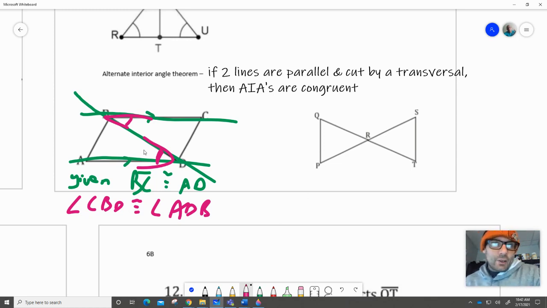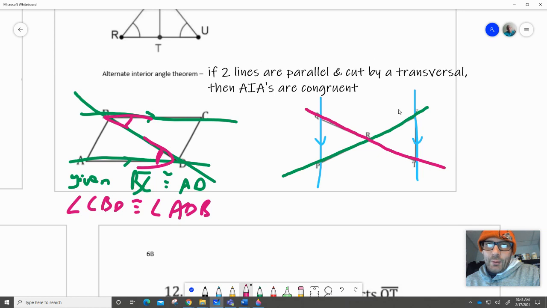So it could be something like this where they share a side, or it could also be something like in this triangle right here. So I have another example here. Let's just say that QP is congruent to ST, or not congruent, excuse me, parallel. So if QP is parallel to ST, what we have is really two transversals. We have this green transversal right here. We also have this transversal right there.